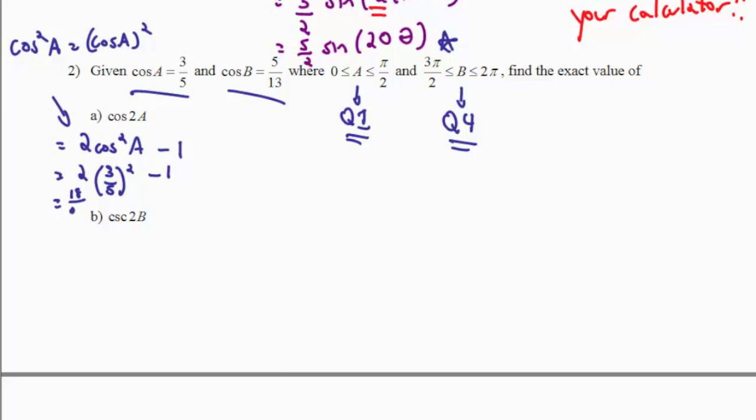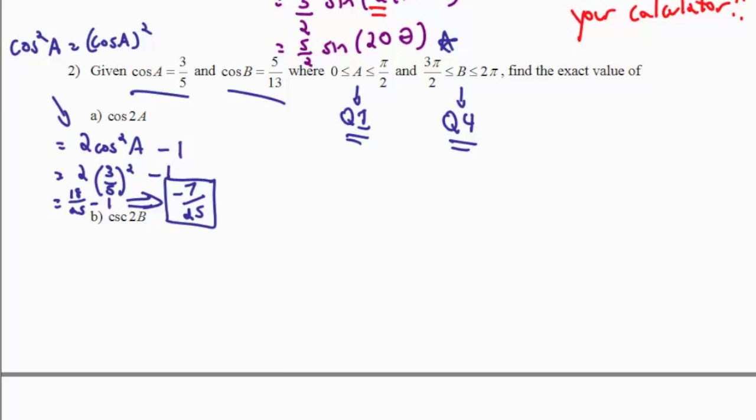And that's going to be equal to 18 over 25, subtract 1. I'm going to pull a math error yet again. And that's equal to negative 7 over 25. Done like dinner. Nice. So there's no dealing with the idea of trying to find the other side or anything like that because we didn't need to use the sine of A or B at this point.